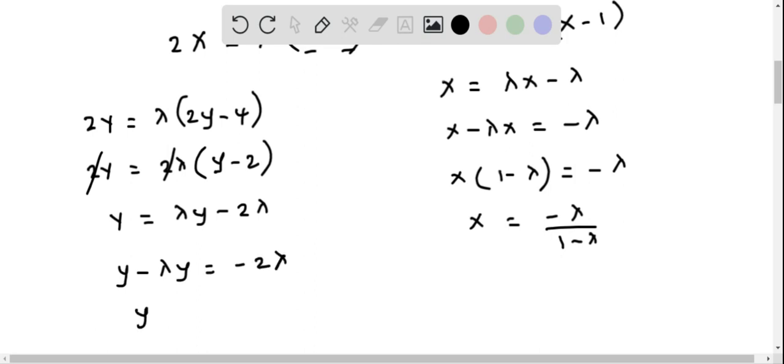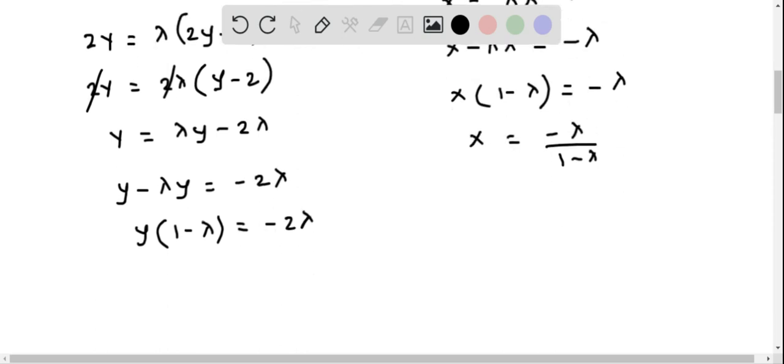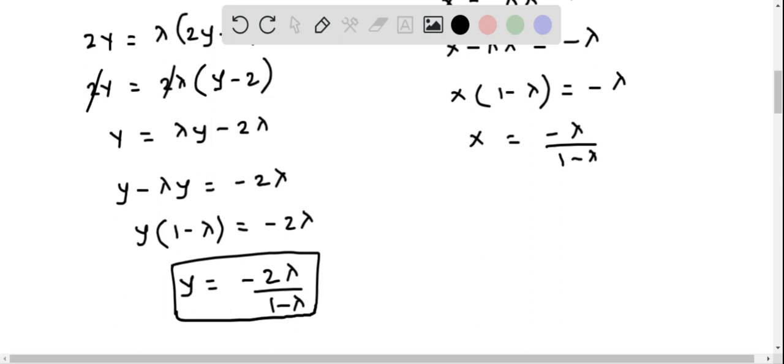Now I factor y, so I get y times (1 minus lambda) equals negative 2 lambda, which means we can now solve for y. Therefore y equals negative 2 lambda divided by 1 minus lambda. So this is the expression for y, and we already found the expression for x, which is negative lambda divided by 1 minus lambda.